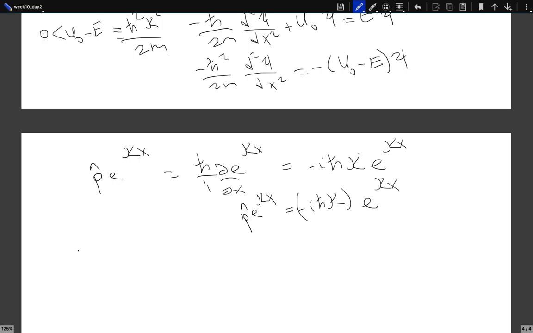But what we can do is we can define a particle flux. And if you define the particle flux in region 2, it's just 0. There is no particle flux. The probability is non-zero, but the particle flux is 0. So we don't really know how to interpret what is going on in this tunneling region.